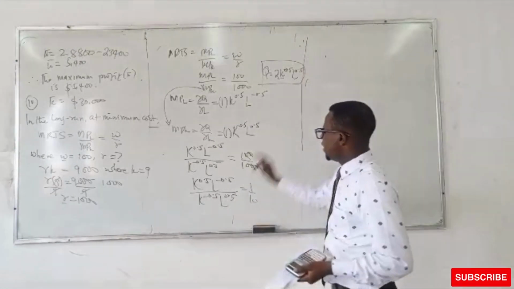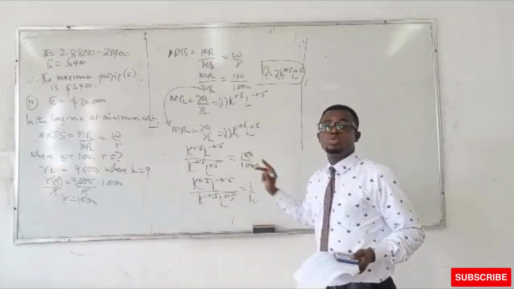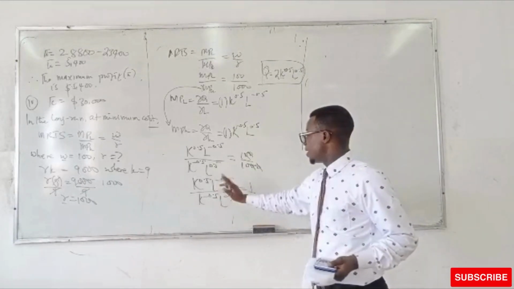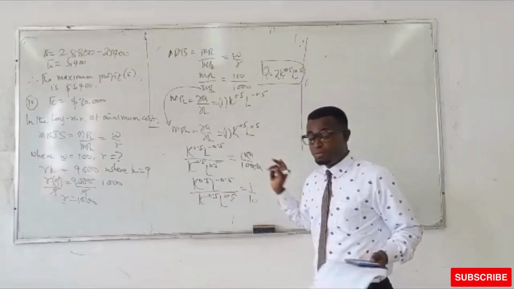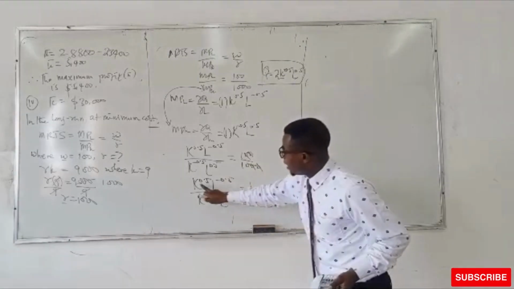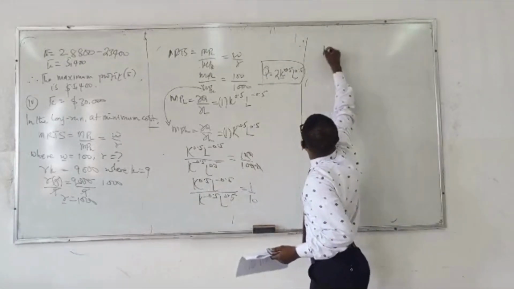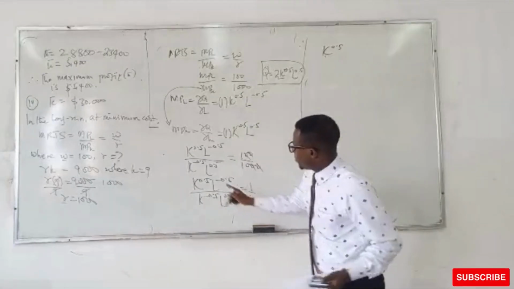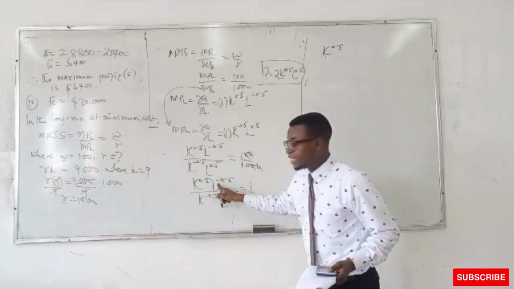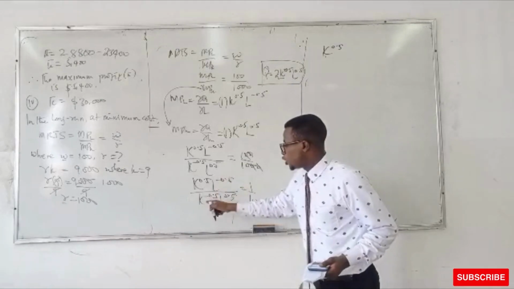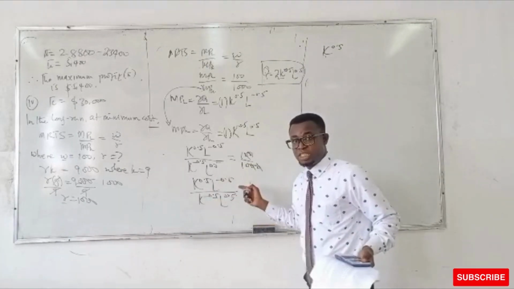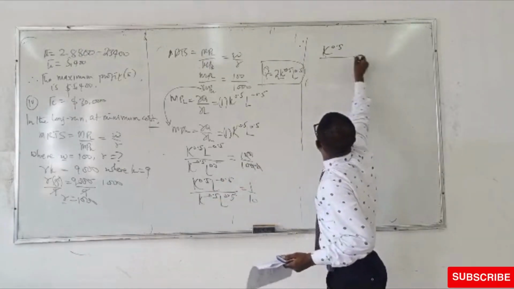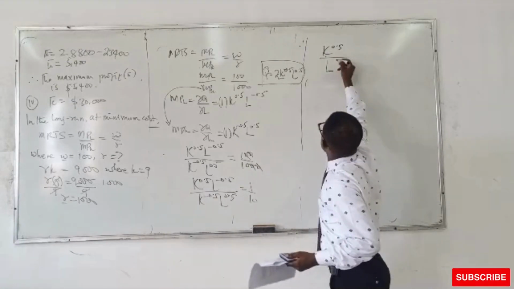Alright, so in this state, let me use a very simple way to analyze this. I can give a deeper interpretation, but let me use a very simple way. I'll still maintain my K 0.5, but my L exponent is negative. When I drop it to the denominator, it becomes positive. So let me drop my L first. My L becomes what? Positive.